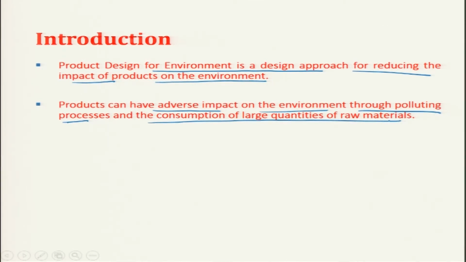The impact can be adverse also due to consumption of large amounts of energy and difficulties in disposal. So, as I said, it is material, energy and disposal, or I could say pollution.